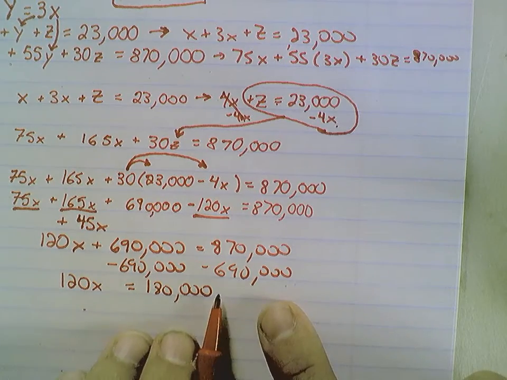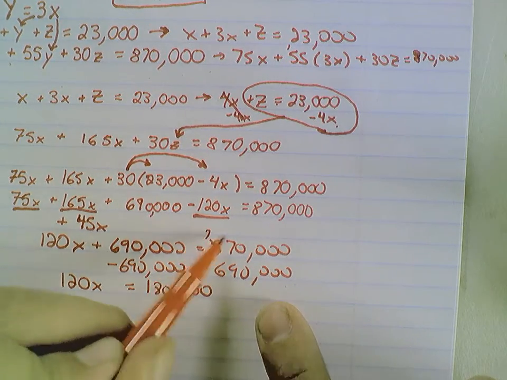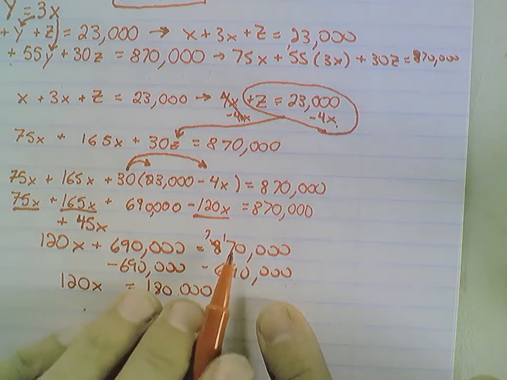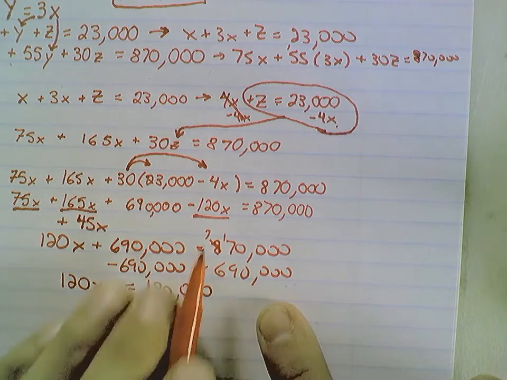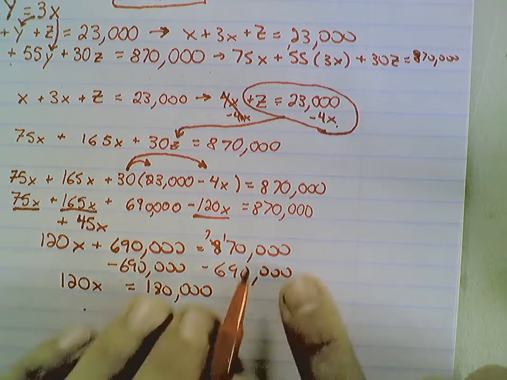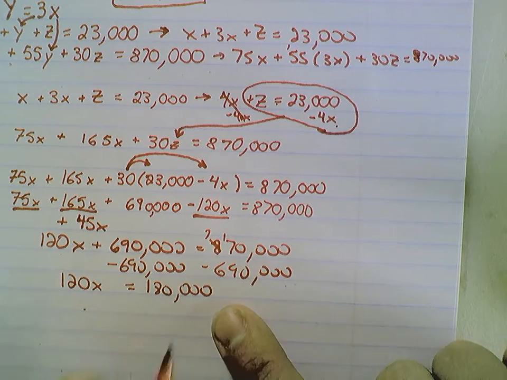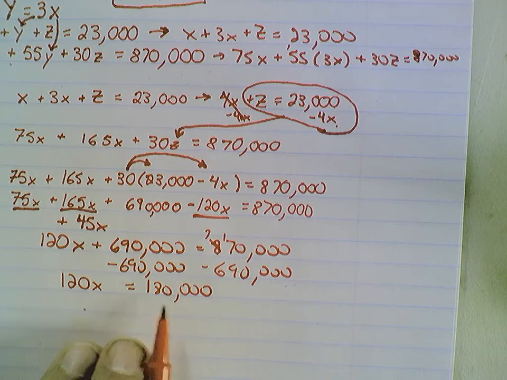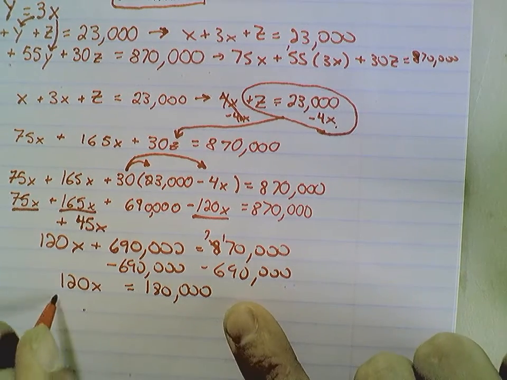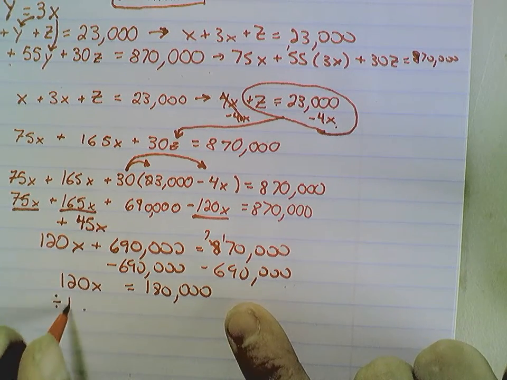Let me just check real quick. So if I carry the 7 and the 17, 17 minus 9 is the 8, 7 minus 6 is the 1, and then the zeros will all stay zeros, so I should still have 4 zeros. So I believe it'll give me 180,000. I then can divide by 120.